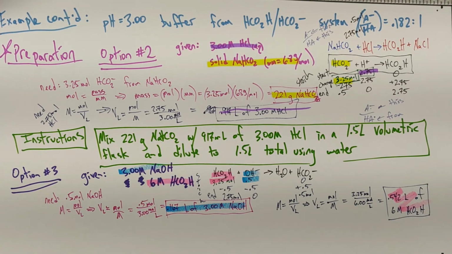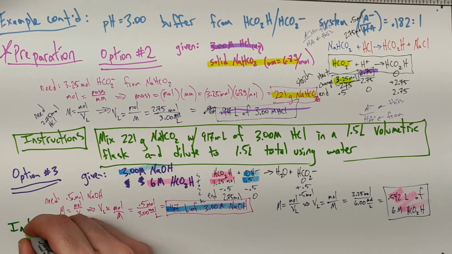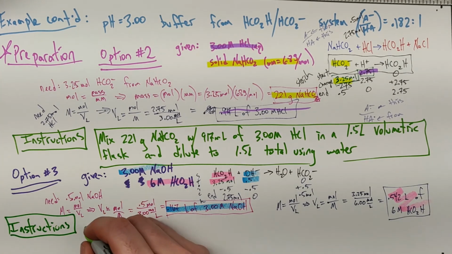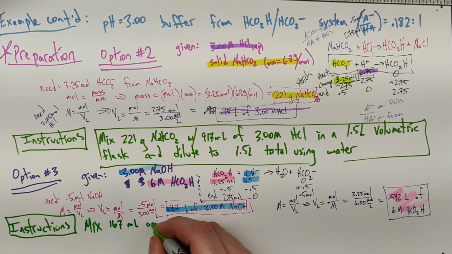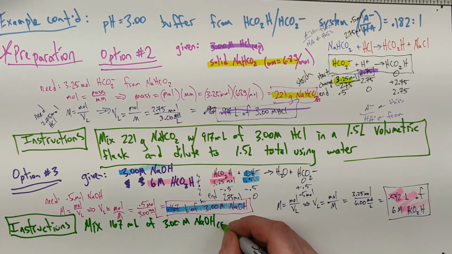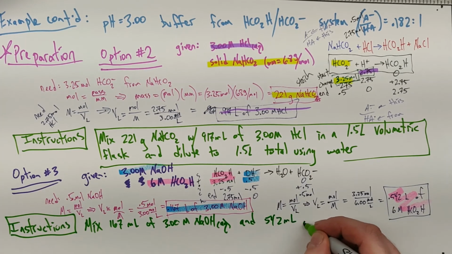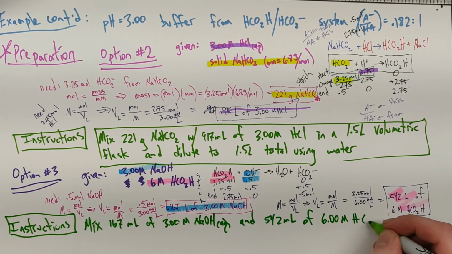So let's write the instructions then. If I can find our exciting marker. So here are our instructions. Going to look very similar. We're going to mix, only this time it's a solution and a solution, 167 milliliters of 3.00 molar NaOH and 542 milliliters of 6 molar formic acid.